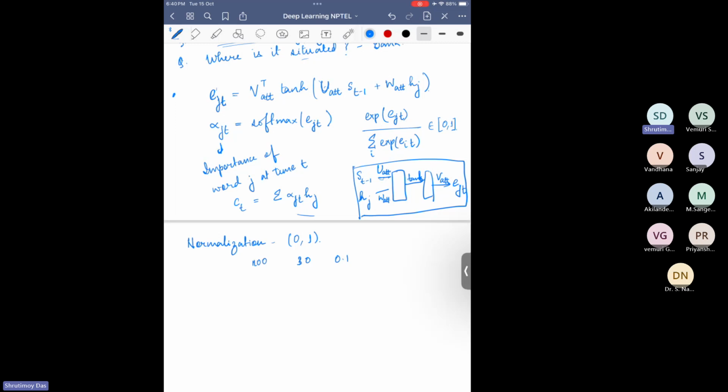So what I'll do is divide this by 100 plus 30 plus 0.1, and similarly do the same for the others, and I will get some numbers.